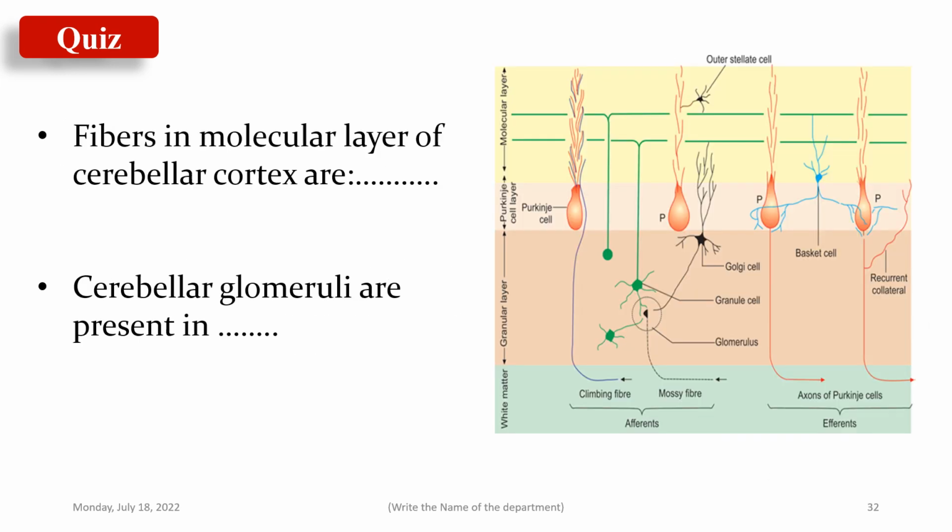The next question: fibers in the molecular layer of the cerebellar cortex are, what is the correct answer? Yes, parallel fibers and climbing fibers. As regards the cerebellar glomeruli, where are they present? Did you remember the site of the cerebellar glomeruli or cerebellar island?